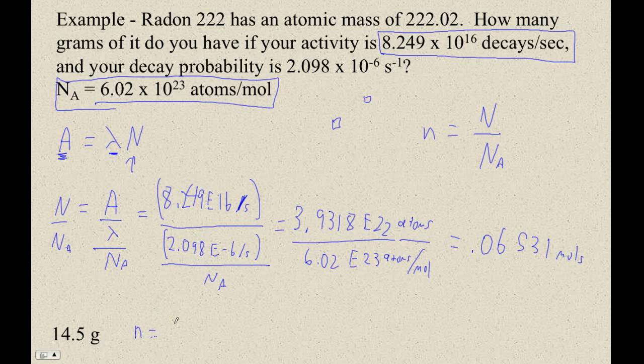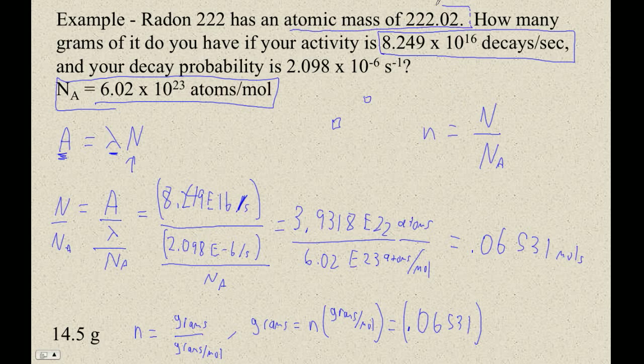Now I'm going to use this relationship: moles also equals grams divided by grams per mole. Therefore, grams equals n times grams per mole. So I'm going to multiply 0.06531 by the atomic mass, the molar mass of this thing.